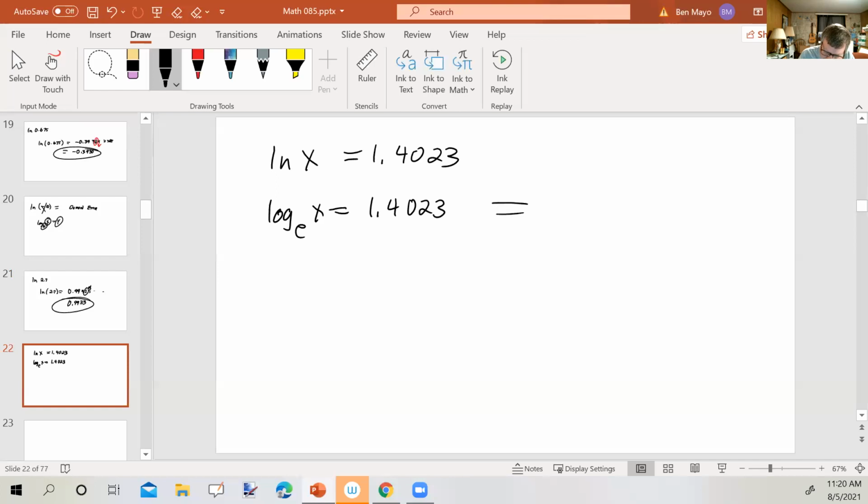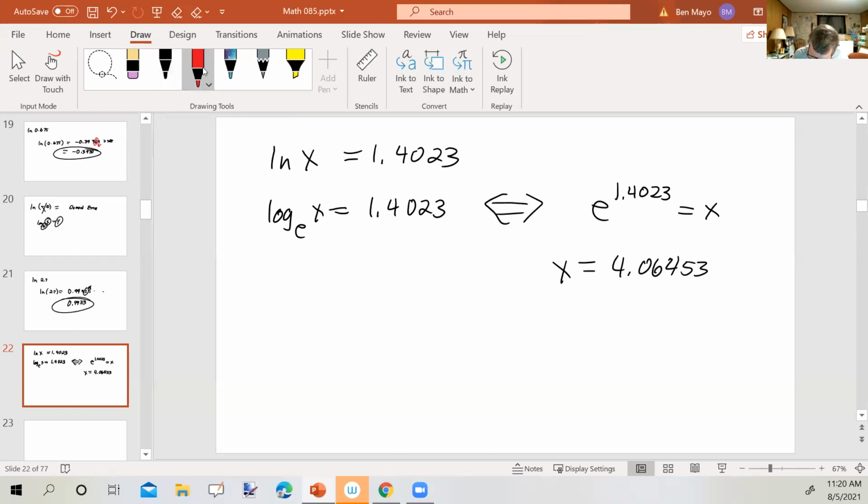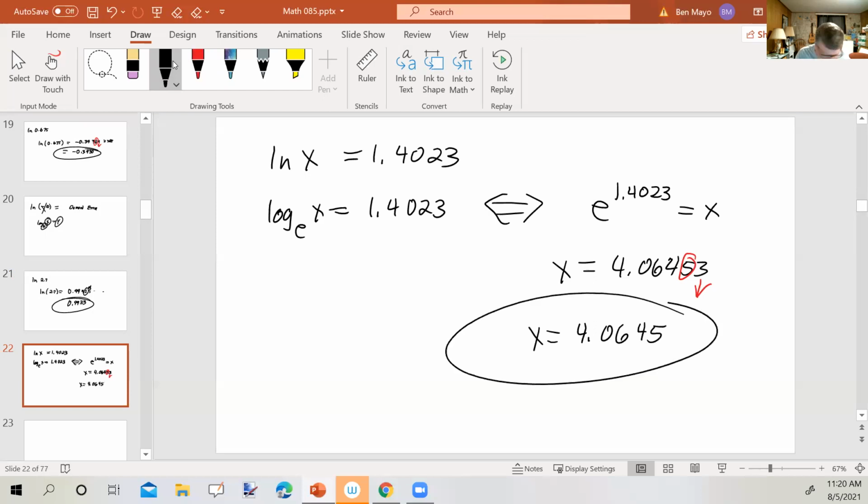Changing it into an exponential equation, we get e to the 1.4023 power equals x. So let's punch in second e to the 1.4023 power. Again, it said to 4 decimal places. I've got 4.06453. So the 4th place would be there. The 3 will round down. So x is 4.0645. We all right with that? Any questions there?